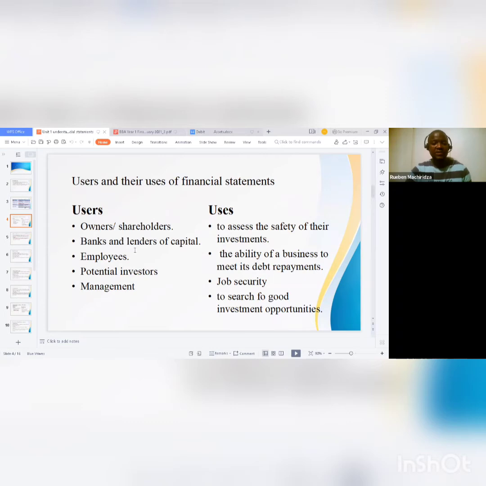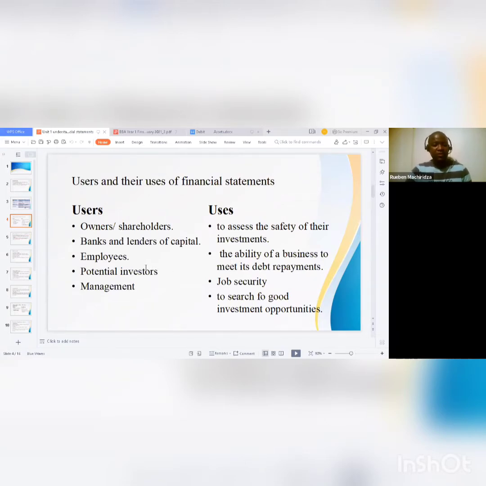So they will need a helping hand with the capital. Those who offer us capital need to be sure that they will receive their repayments. If they lend us money, they need to know that they will get it back. They can only know so when they look at our financial statements.